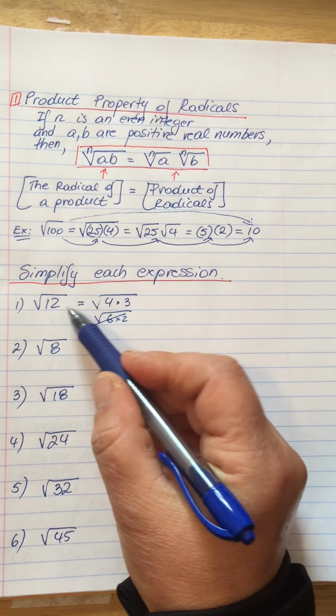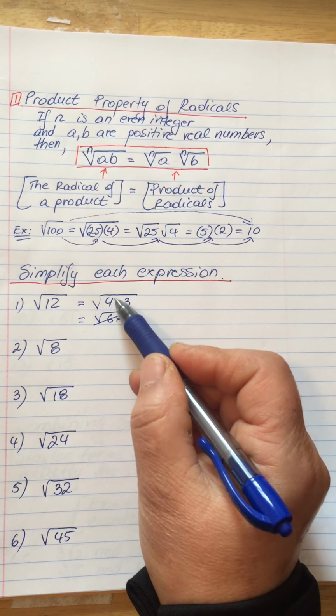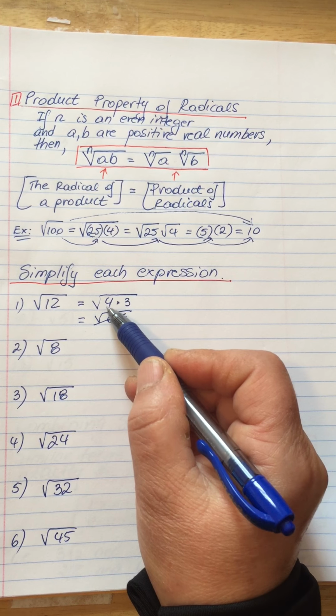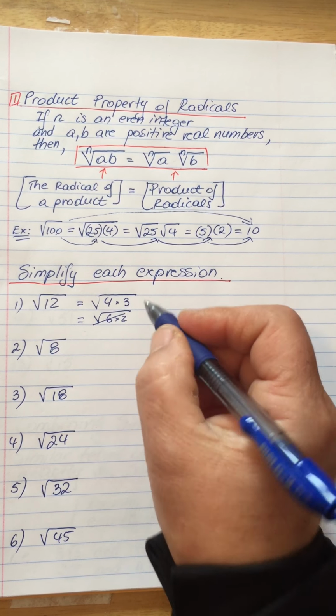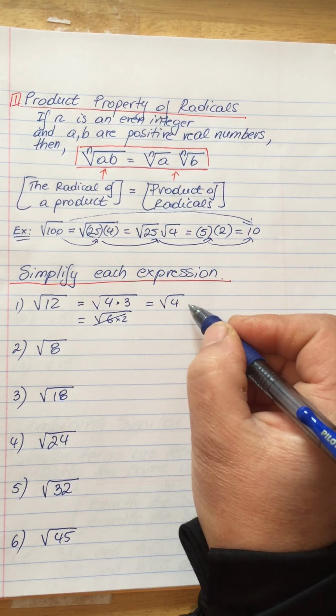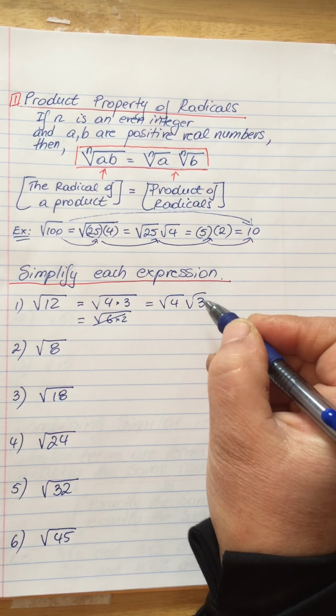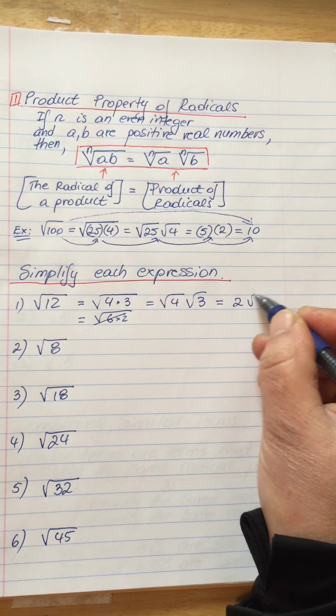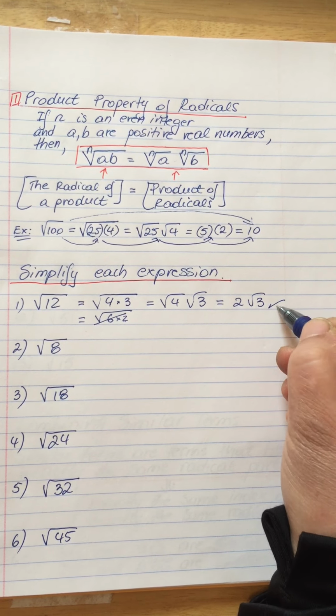So I write 12 as 4 times 3 because 4 is a perfect square factor. When I separate them, I know the square root of 4 is 2, and the square root of 3 is an irrational number that I'm leaving as it is.